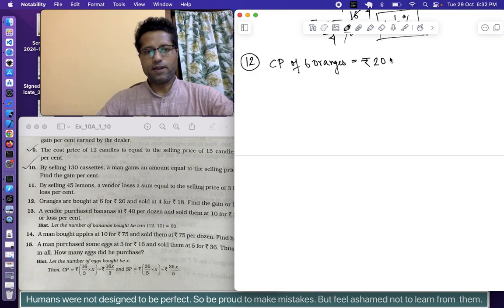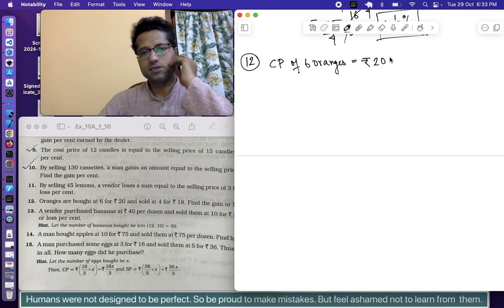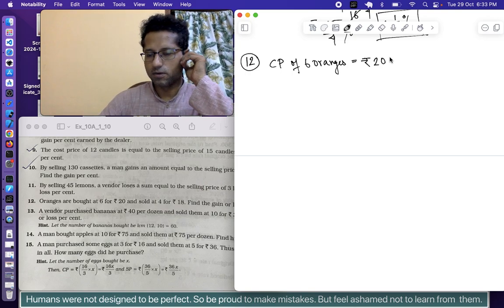You can find the CP and SP of one article, or of any number of articles, but that has to be the same for both SP and CP. Based on that, you can find the gain percent or loss percent. The absolute value of gain and loss will always depend on the number of articles purchased or sold, but the gain percent and loss percent will not.